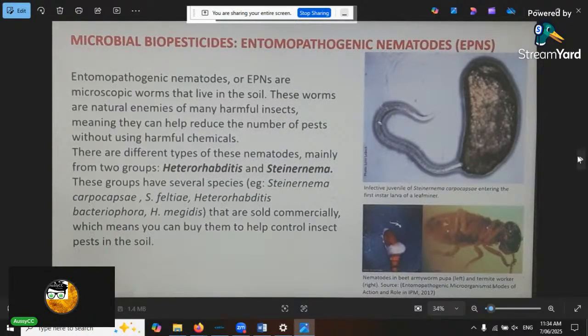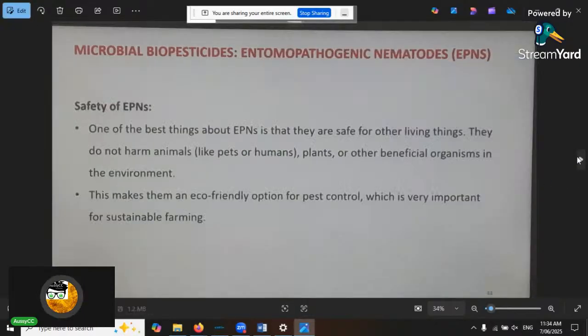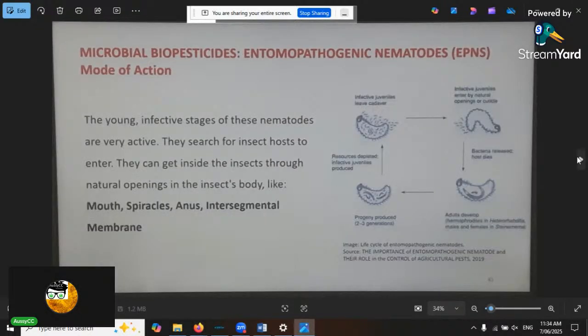The last section, nematodes. Entomopathogenic nematodes, like Steinernema feltiae, for fungus gnats. Nematode mode of action.